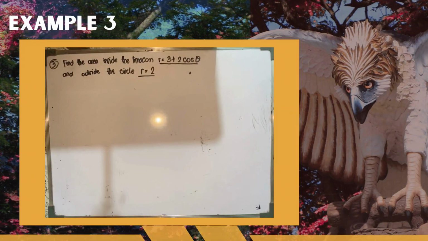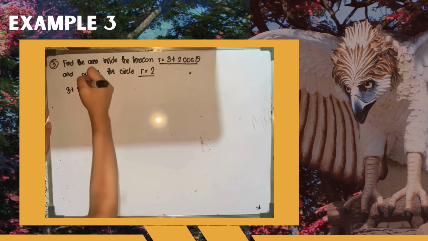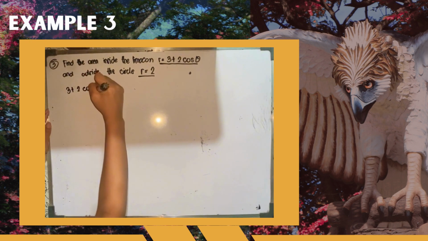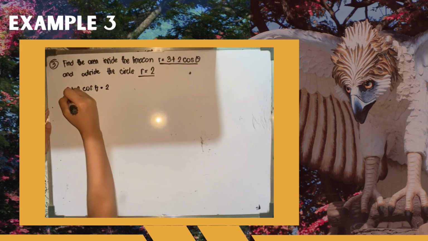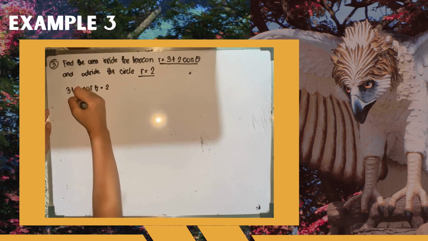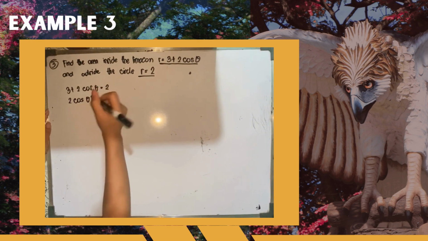For our step 1, we have to find the points of intersection. We need to determine the interval of theta where the outside circle and the other equation are equal to each other. So 3 plus 1 cosine theta is equal to 2. You have to set the equations equal, then isolate the cosine. 2 cosine theta is equal to 1, so divide both sides.